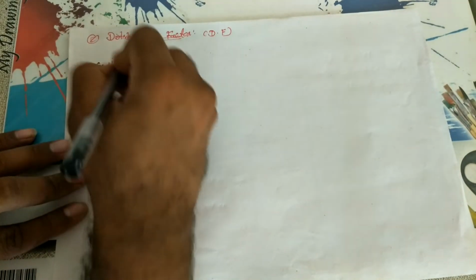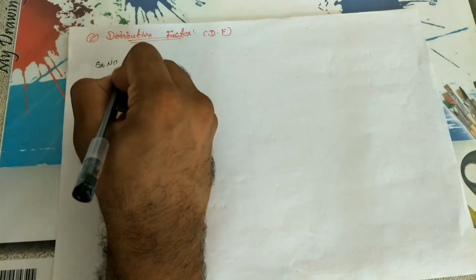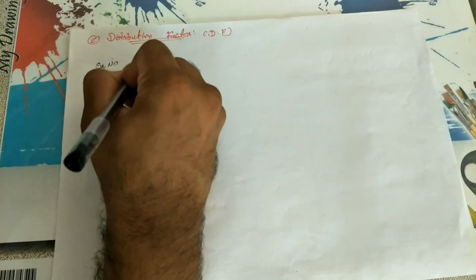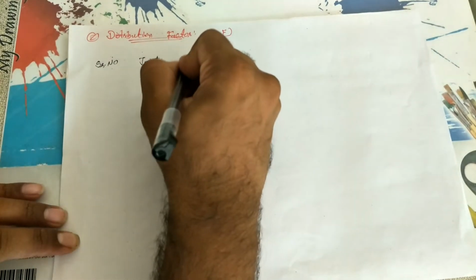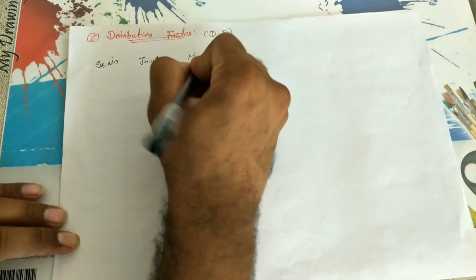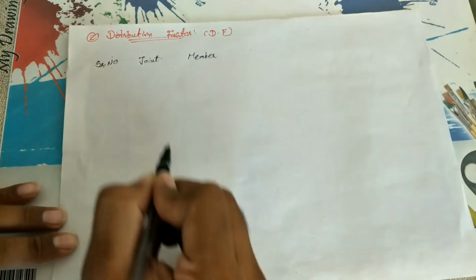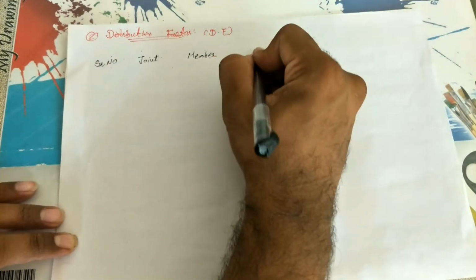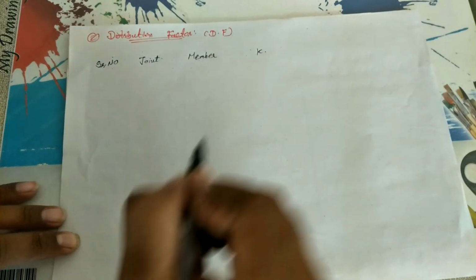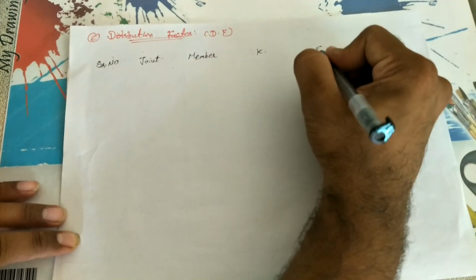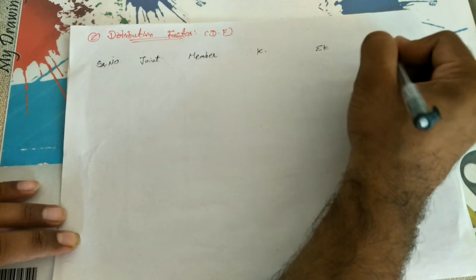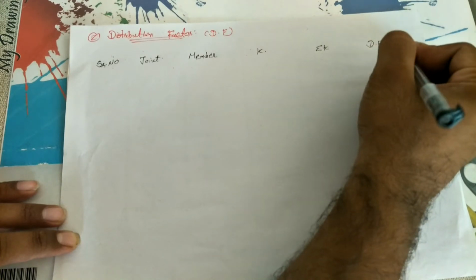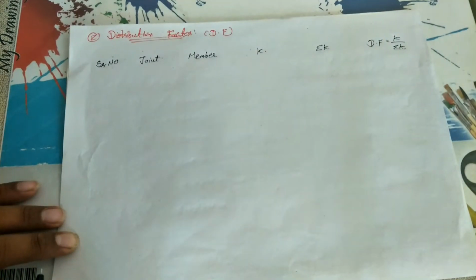First is the serial number, then the joint, then the members connected to that joint, then the stiffness of that particular member, then the summation of stiffness, and the distribution factor, that is K divided by summation K.